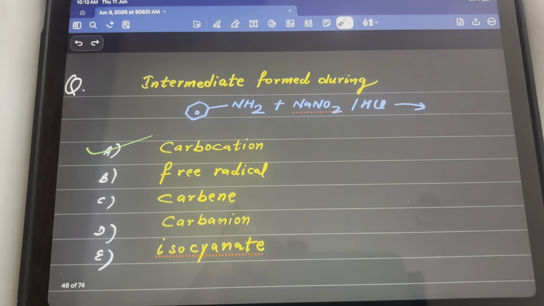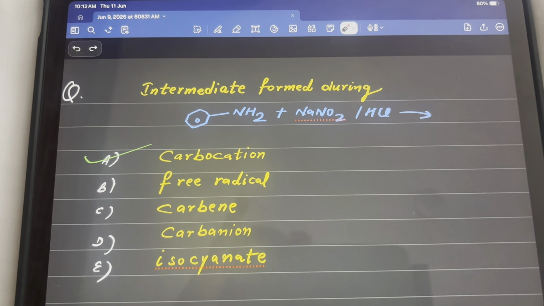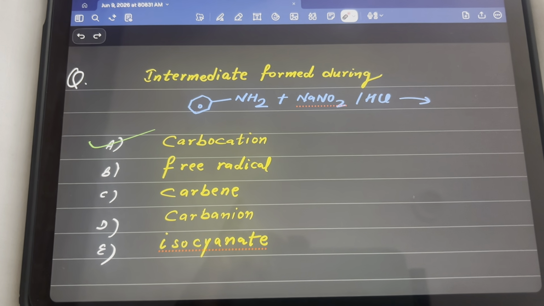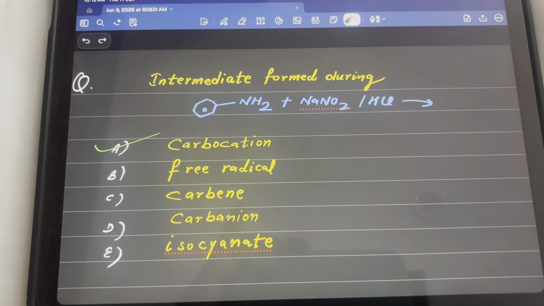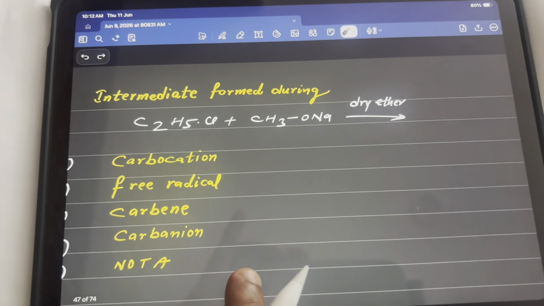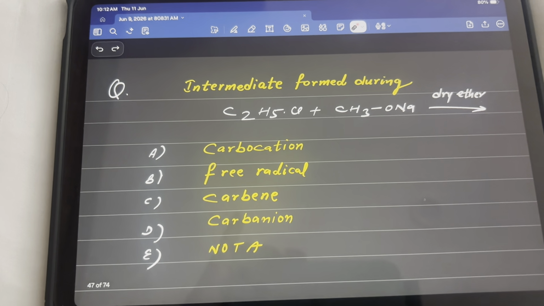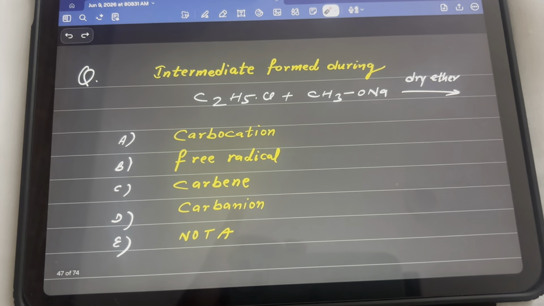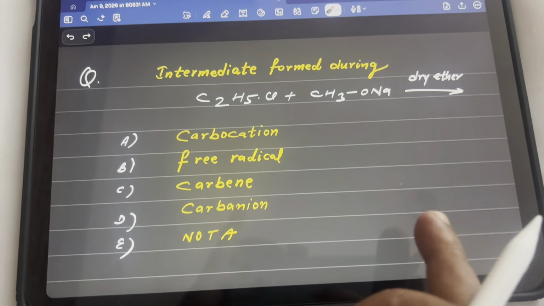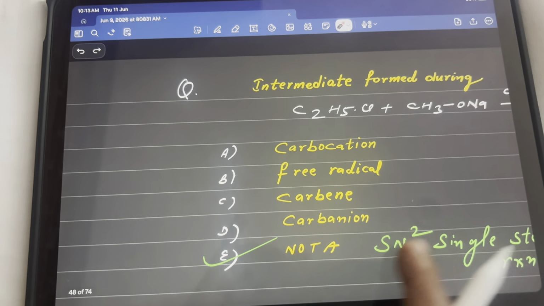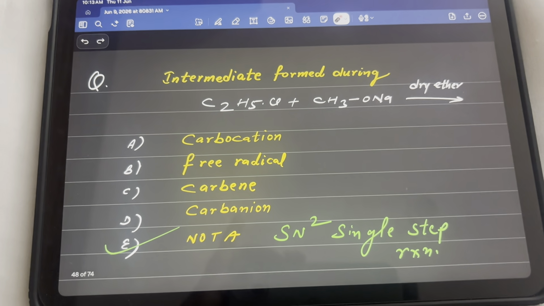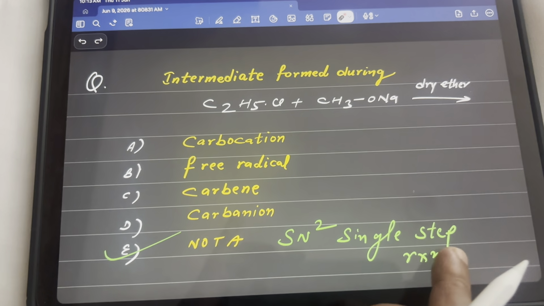Carbocation. Why? First it is diazotization to benzene diazonium chloride, and then N2 plus will eliminate, and that aryl cation will be the carbocation intermediate. Now, another question on your screen. It's Williamson synthesis, so it will proceed in single step elementary reaction. No intermediate is formed. So none of the above.